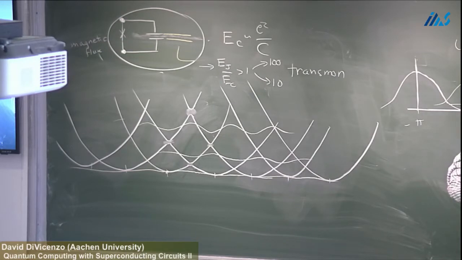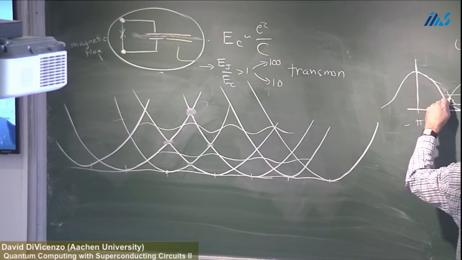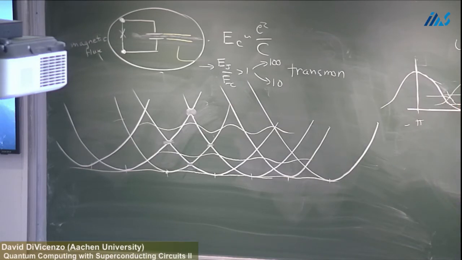And then the next one is somewhere here, and it has one node, but it still doesn't go very far. It only has some barrier penetration into this region. So you can see why the boundary condition stops mattering very much.